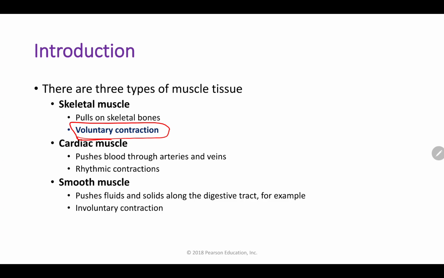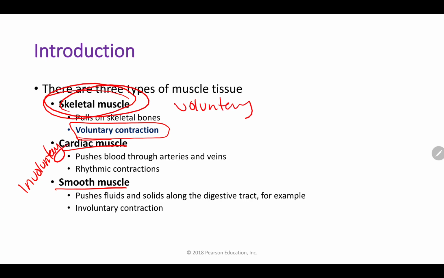And we have smooth muscle, and smooth muscle helps to push fluids and solids along your digestive tract, for example, or it's lining those hollow organs, like your digestive tract, your blood vessels, things like that. However, cardiac and smooth muscle are involuntary. However, for skeletal, it's voluntary, conscious control over your skeletal muscles.